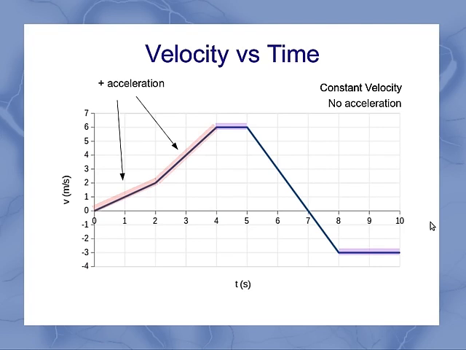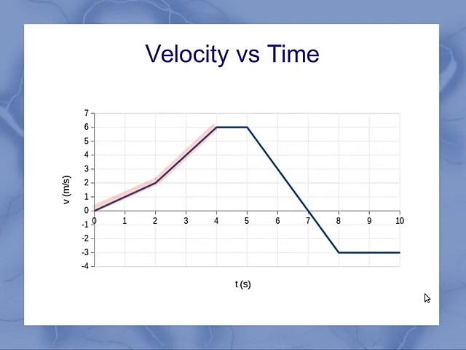Here's another section where I've got an upwards positive acceleration. Each one of these are straight line segments, so that means the acceleration is constant on each segment, but it's a little bit higher slope over here, so that's a little bit larger positive acceleration. Anytime you've got a downward sloping segment, that's going to be a negative acceleration. And again, since this is a straight line, it's a constant negative acceleration over that entire segment.